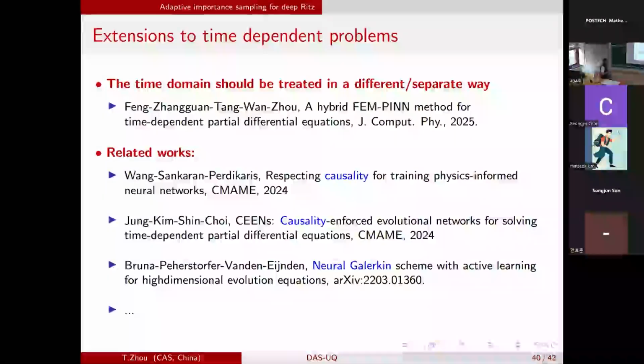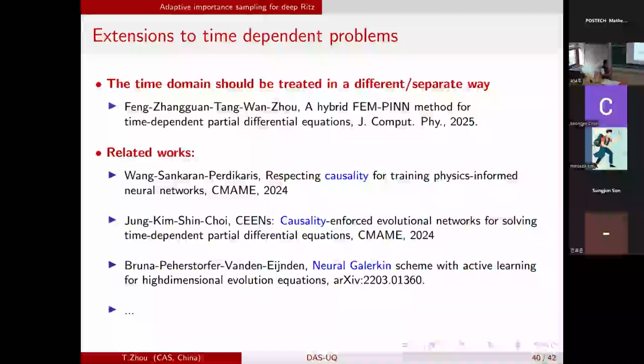Okay, I think I can almost finish my talk and just give you some very basic ideas for adaptivity in PINNs and Deep Ritz. The idea is to adaptively choose the training points in the physical domain. This coincides with adaptive finite element, where you refine the physical mesh in finite element computations.